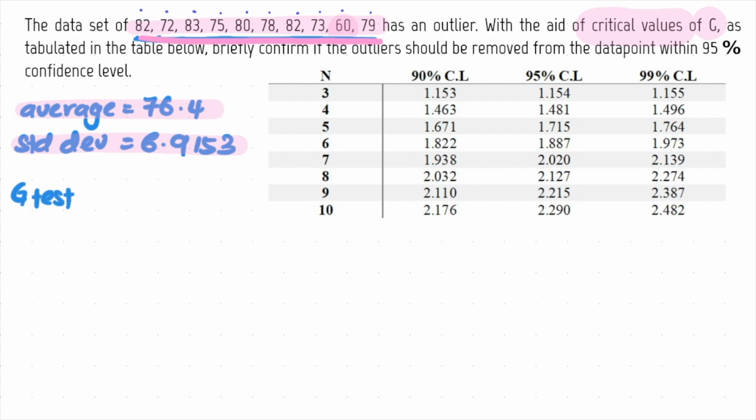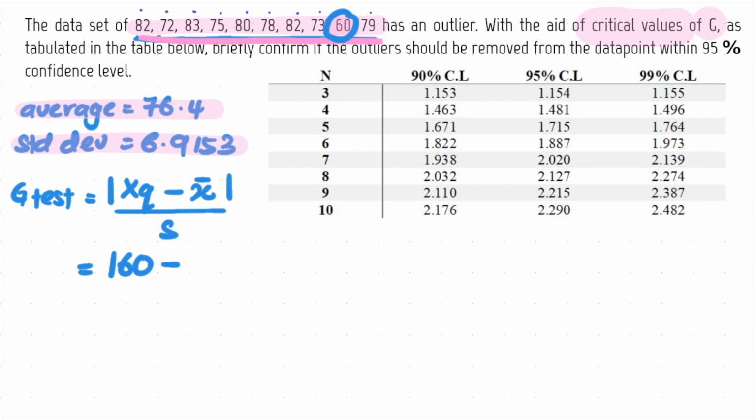In the G test, the formula is equivalent to the modulus of xq minus your average, divided by your standard deviation. Your xq is actually your outlier. So your outlier is 60 minus your average, which we calculated just now as 76.4.